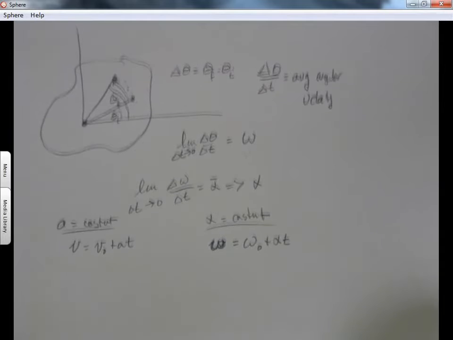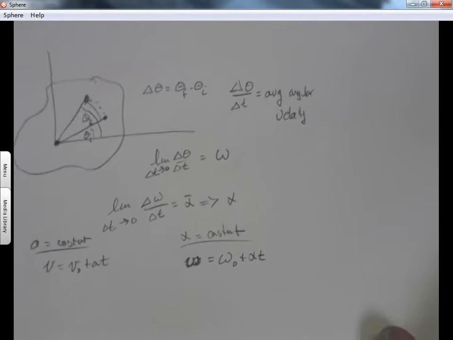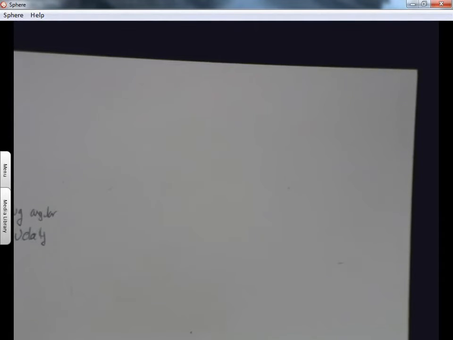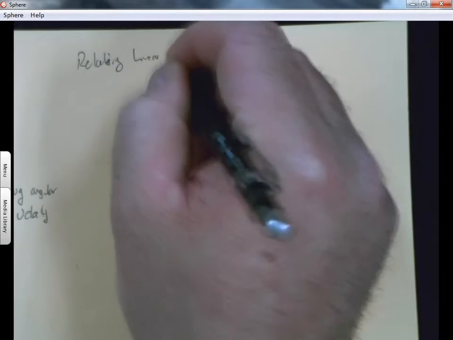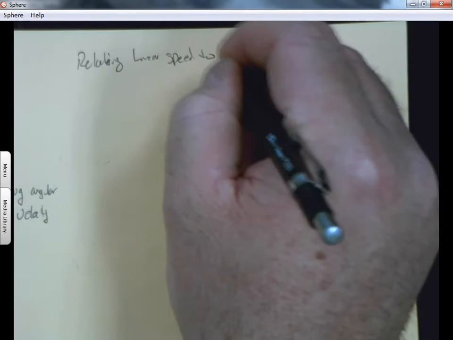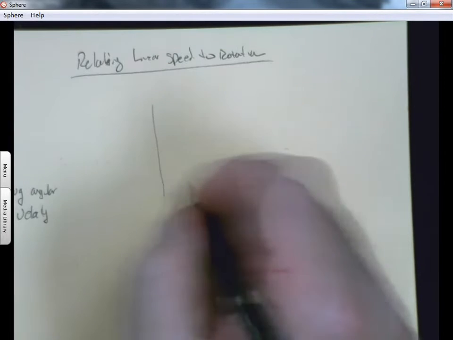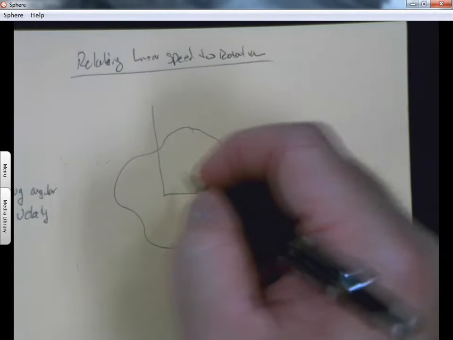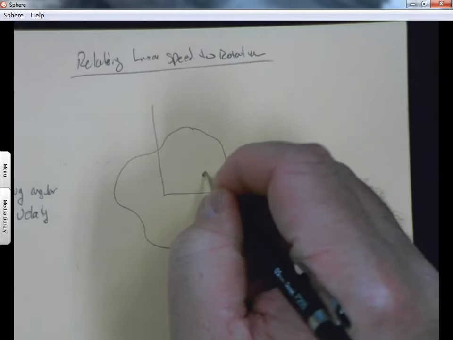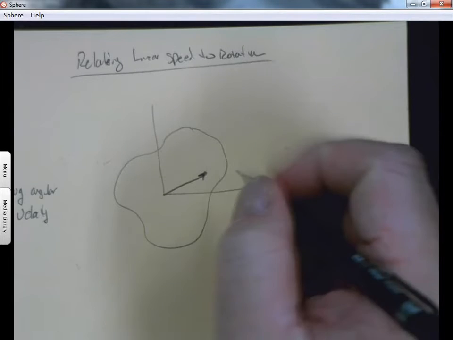Okay. What we do need to do now is relate our linear speed to rotation. All right, so we're going to draw our body again. Okay, something similar to that, where we have this right here. This is a position, right?